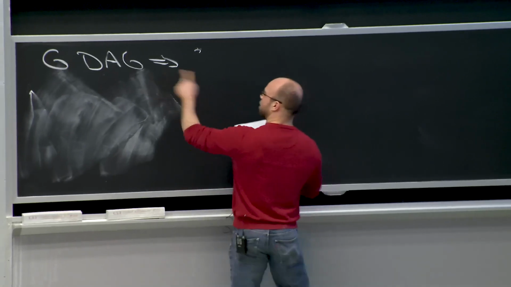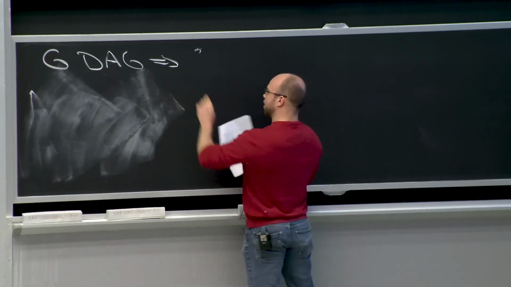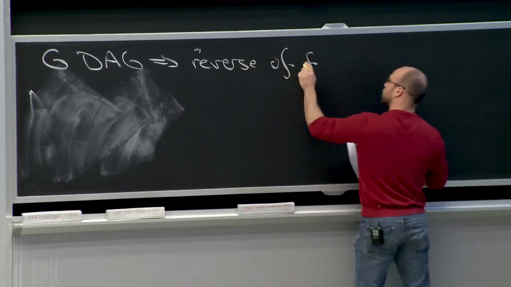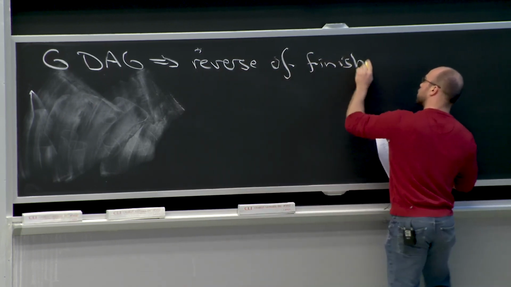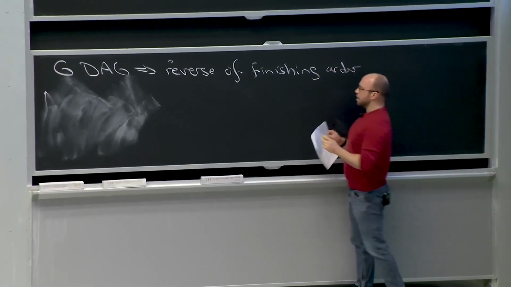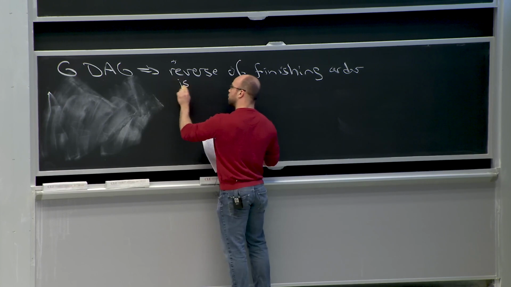Right. So if I have a graph that's a DAG, then the reverse of the finishing order is a topological order.